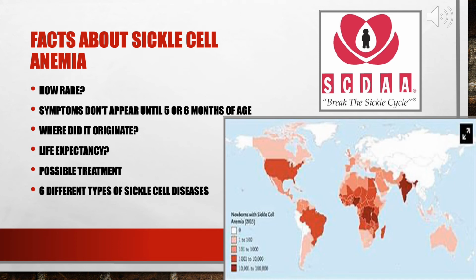Life expectancy. About 40 years ago, the average life expectancy of a person with sickle cell anemia was 14 years of age. Now people live to be over 50 years old with sickle cell anemia, although that is still about 20 years less than non-sickle cell patients.